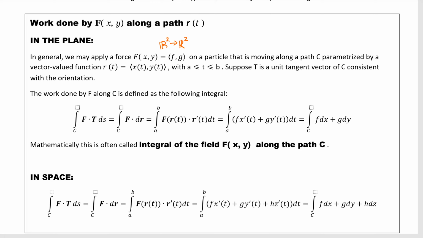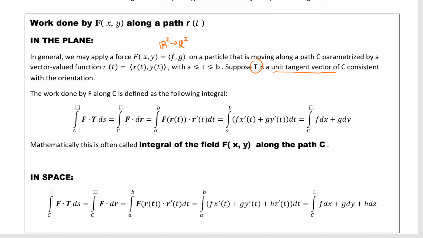Suppose we apply a force on a particle that's moving along a path C, parameterized by a vector valued function gamma(t), or r(t), doesn't matter, with a less than or equal to t less than or equal to b. Suppose T is a unit tangent vector of C consistent with the orientation.